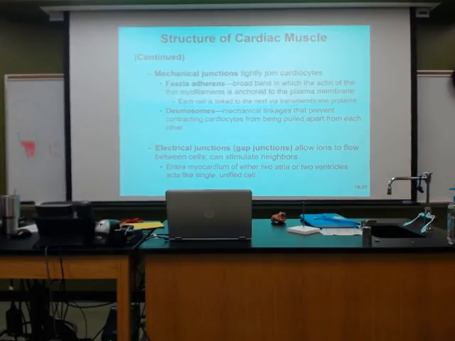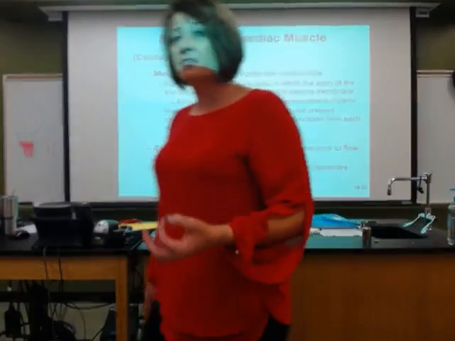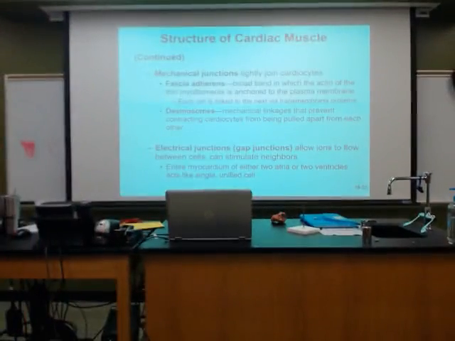In the heart, a gap junction is allowing for the movement of something. In this case, the movement of the ions. And ions give us electricity. Is that correct? So these are going to be the electrical junctions.